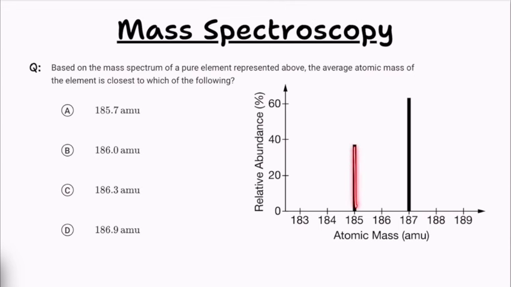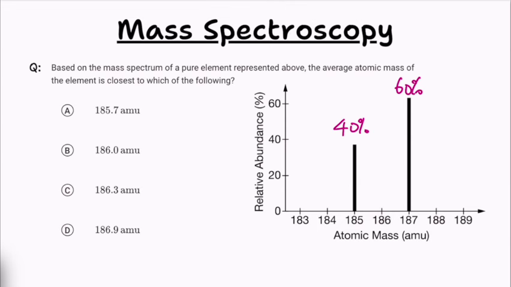One is 185, the other one is 187, and the relative abundances are 40% and 60%. If both of them were 50-50, then you would get 186. But now you have more of the 187 than 185, which means the weighted average will be slightly greater than 186.